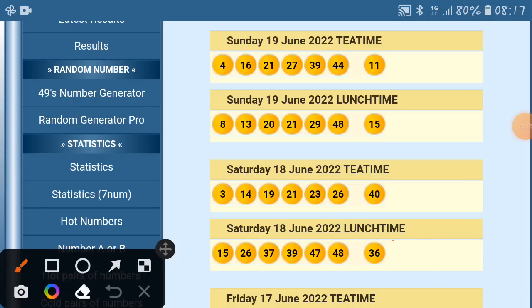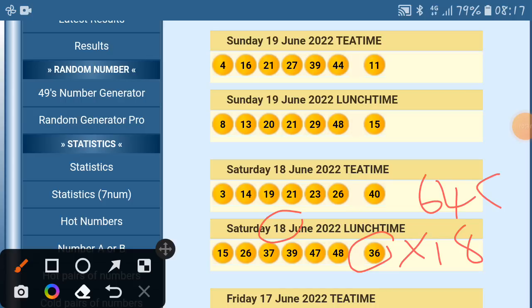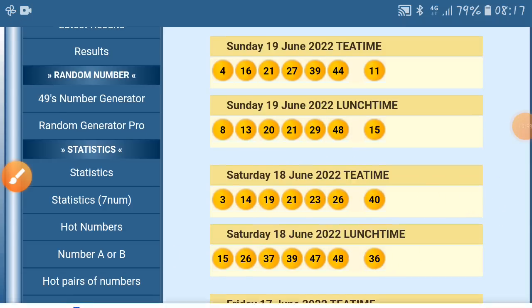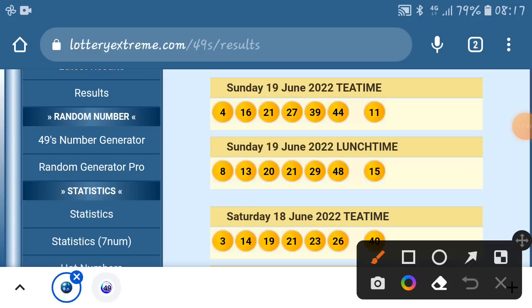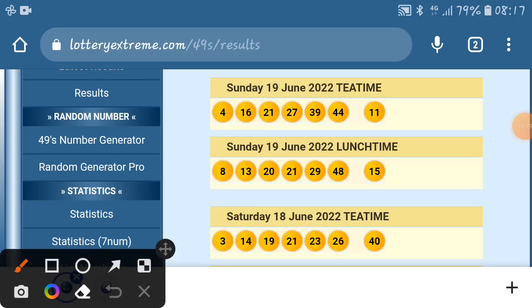So we have got 36 multiplied by 18. 18 is a date, right? 36 is a bonus multiplied by 18. It's 648. Skip here. There is your 48. So let's see if it's consistent with what it is saying.